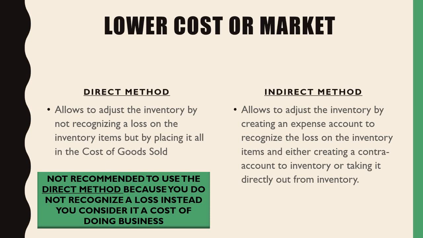You're just going to take that loss and dump it into cost of goods sold, which is not really ideal because you didn't really sell those items, but unfortunately that is a method that does exist. And then we have the indirect method, where it allows us to adjust the inventory, but we recognize the loss as we adjust our inventory. So let's take a look at both of these methods.